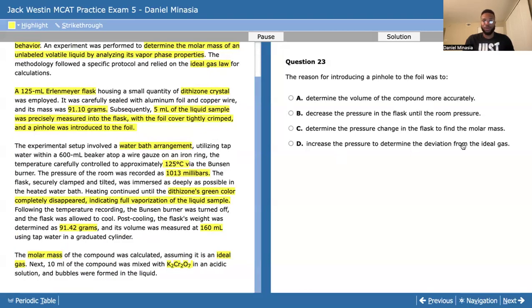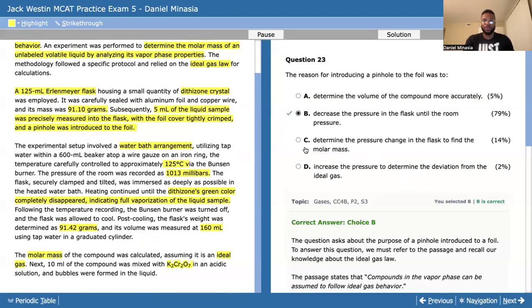So the most likely answer is B, because the pinhole was created to decrease the pressure of the flask until it matched room pressure. Simple, pretty straightforward.